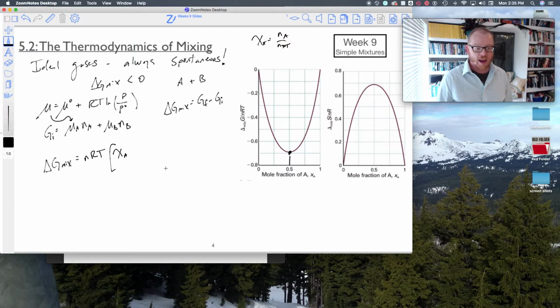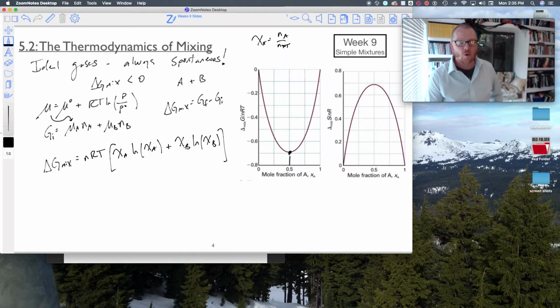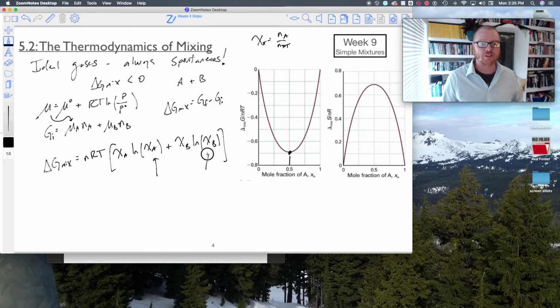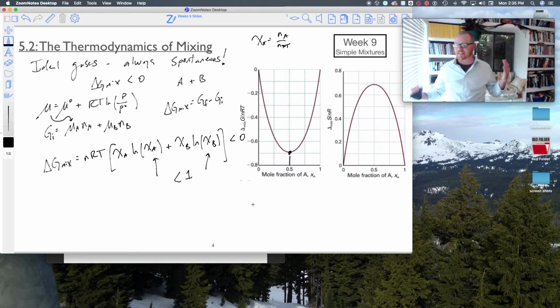And then that's going to be chi A times the natural log of chi A, plus chi B times the natural log of chi B. If we inspect this equation really quick, we note that because these mole fractions are always less than 1, my natural log is always going to be a natural log of a number less than 1, which gives me a negative. So this equation will always be negative. So mixing ideal gases is always spontaneous.